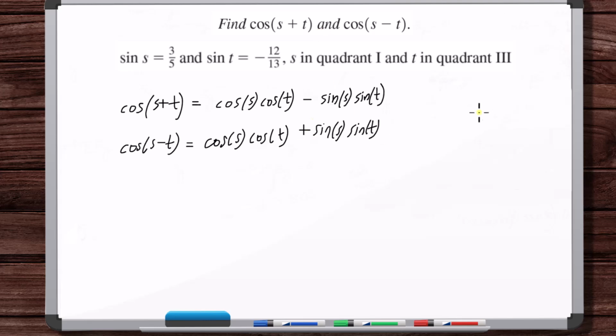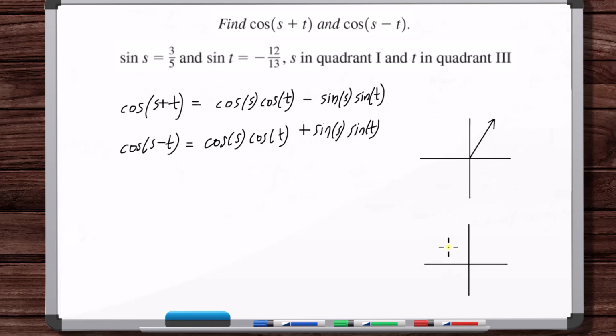Now, how are we going to find these? S is in quadrant 1, so we'll draw some random terminal side there.